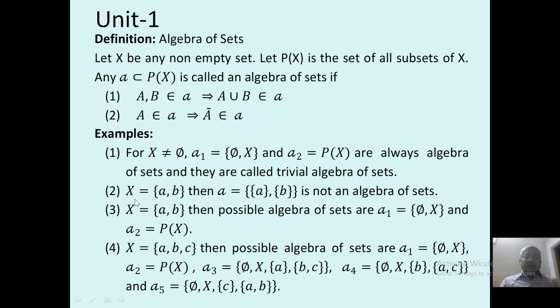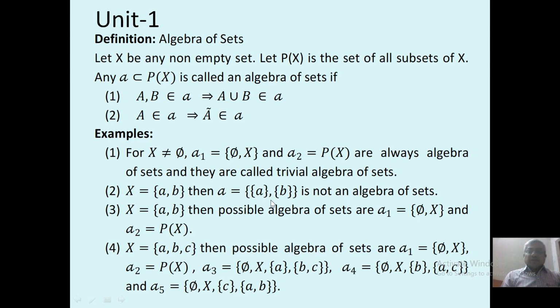Another example, X is a set of two members A and B. Then if we take script A equal to the collection of two singleton sets, singleton A and singleton B, then it is not an algebra of sets.